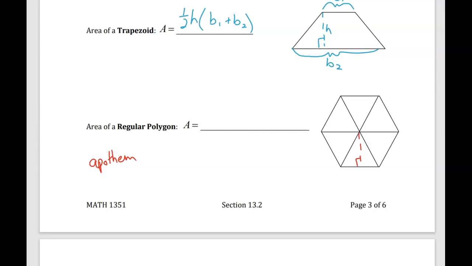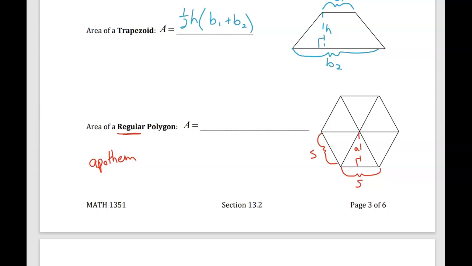It creates that right angle there. That is our A. The length here, and notice it says regular, meaning that each of these are the same length. That's our S, length of the side, okay?